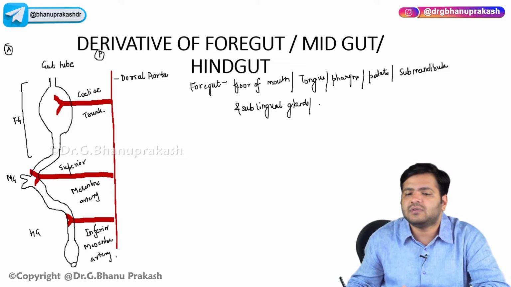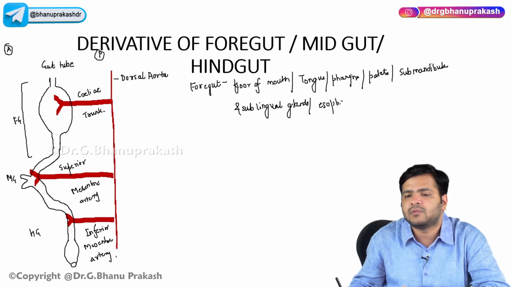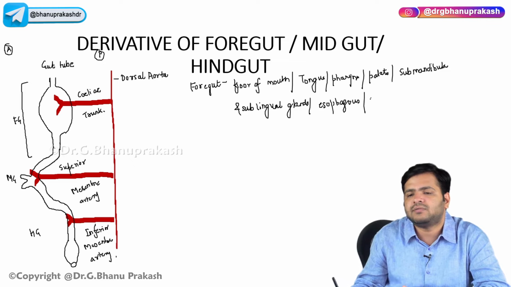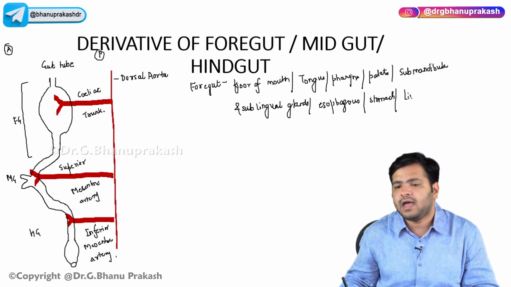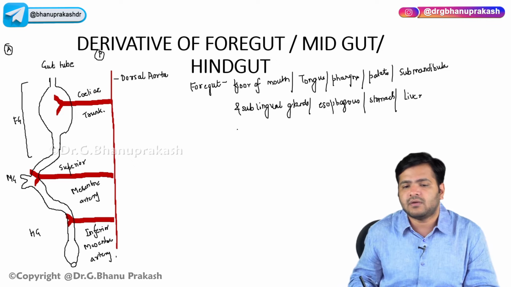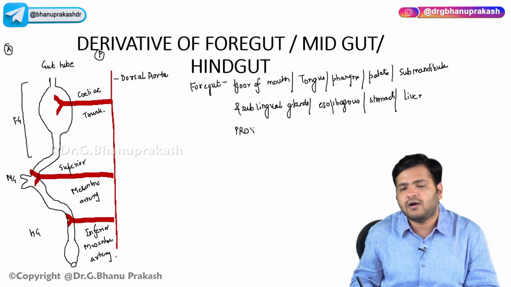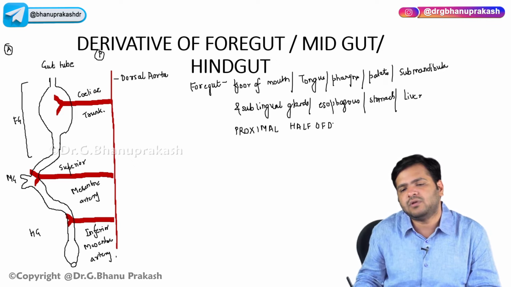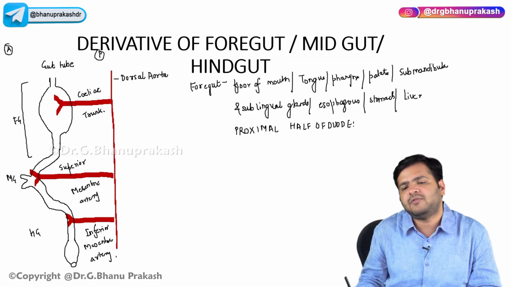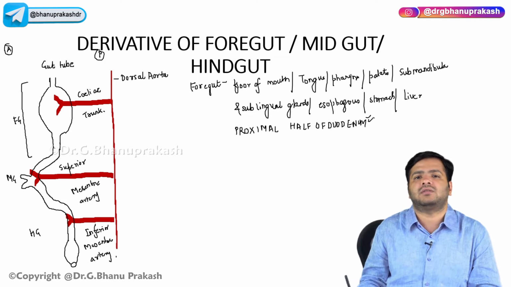It also forms the esophagus, the stomach, liver, and most importantly, the proximal half of the duodenum. Till the proximal half of the duodenum, we call it the foregut.